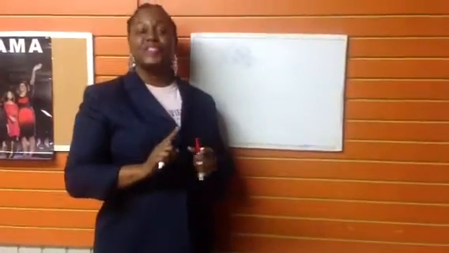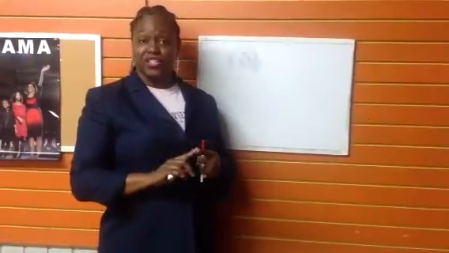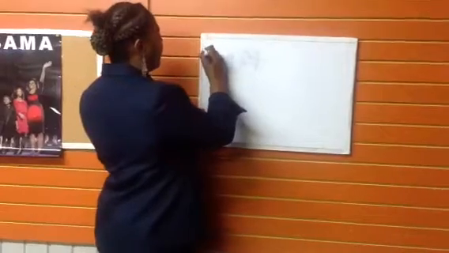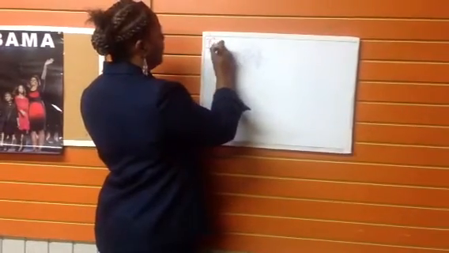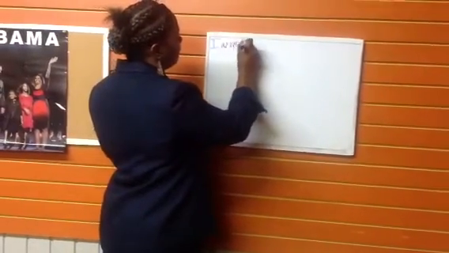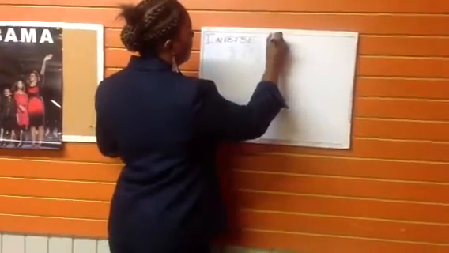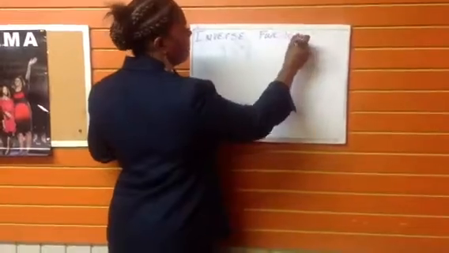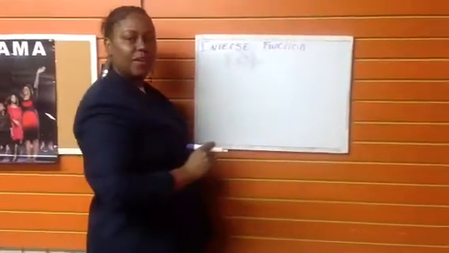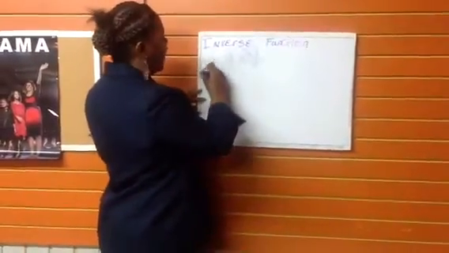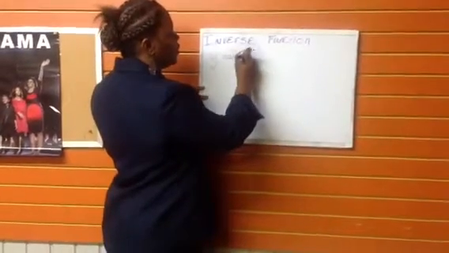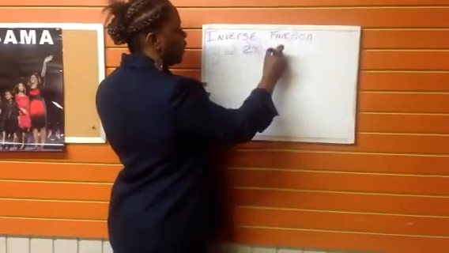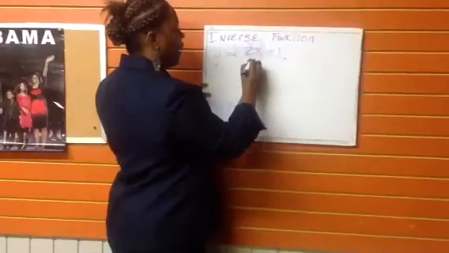Today we're going to be finding the inverse function. We're going to be looking for the inverse function of y equals (2x plus 1) over (x minus 1).